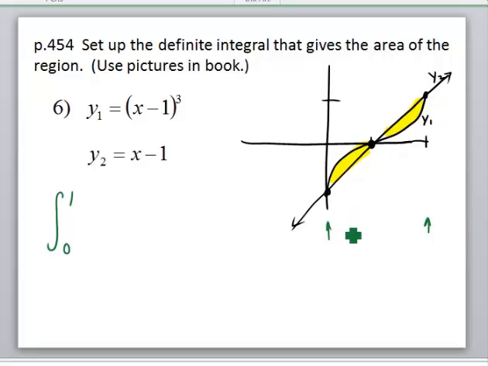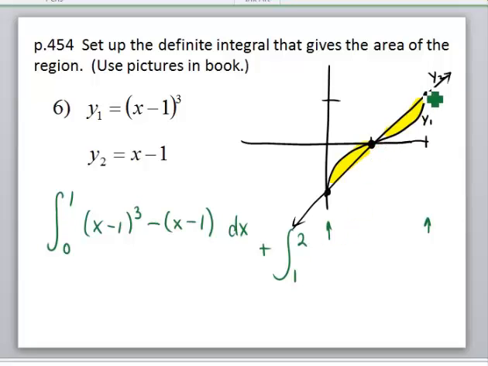So what we need to do is set up an integral from 0 to 1. That would have the y1 on top, so we have x minus 1 cubed minus the y2 function. This would be dx. And then we would be adding 1 to 2.